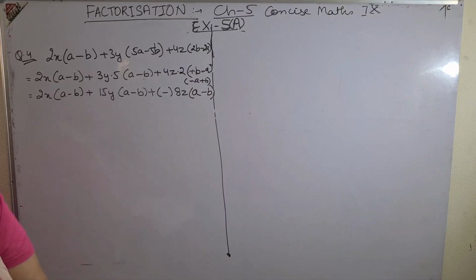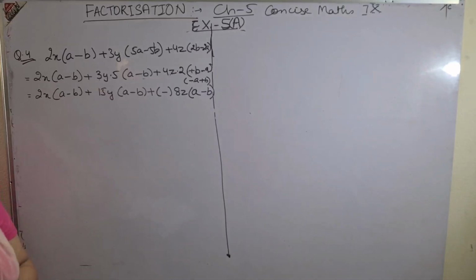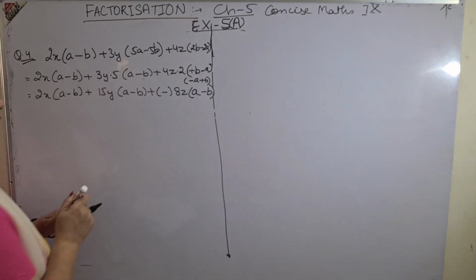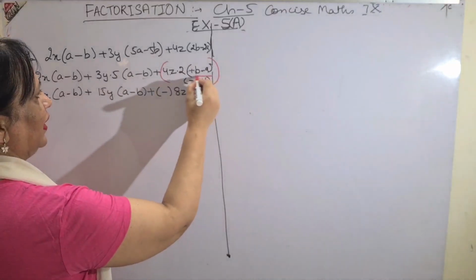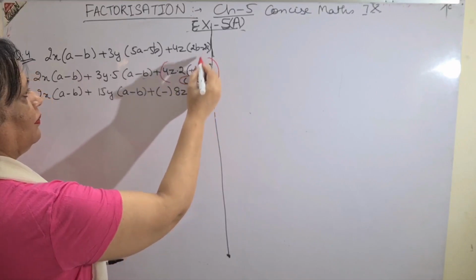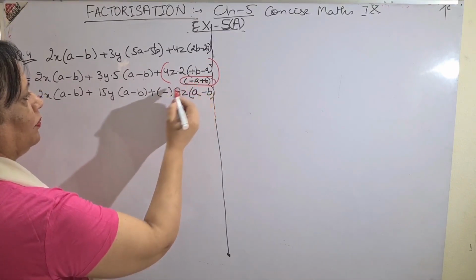I am underlining it with a red pen. This step is important. In this step I have written minus a in the front and b at the back, then I took minus common.